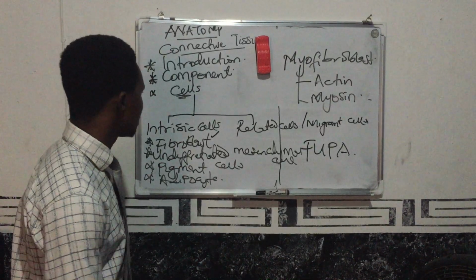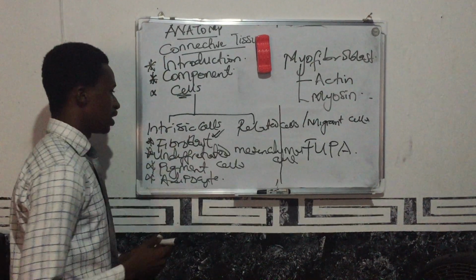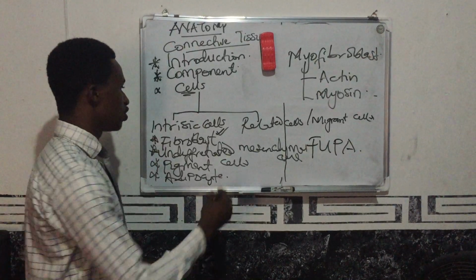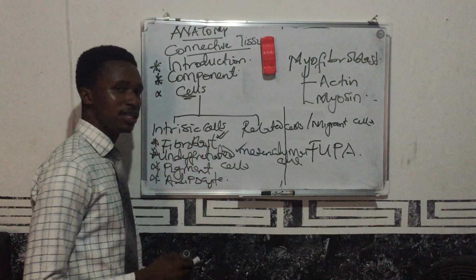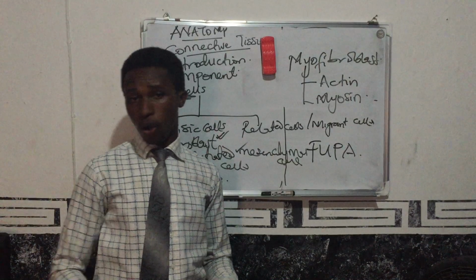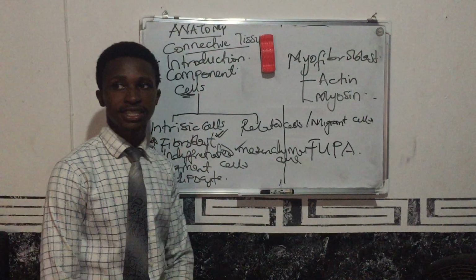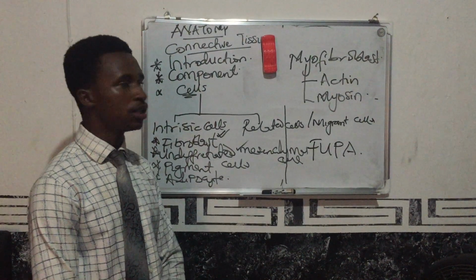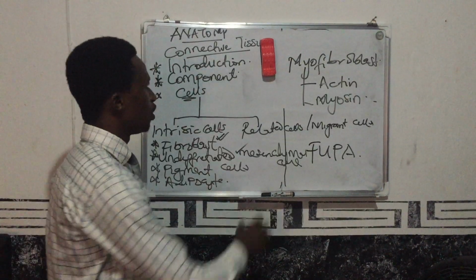We've talked about the first intrinsic cell, fibroblast. Let's go to the second intrinsic cell, undifferentiated mesenchymal cells. Undifferentiated mesenchymal cells are found in embryonic tissue.